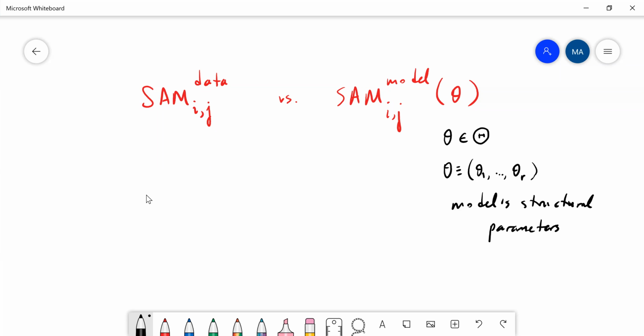These are the model's structural parameters. Now, in calibration, we basically want to find theta that minimizes some distance between SAM data and SAM model.